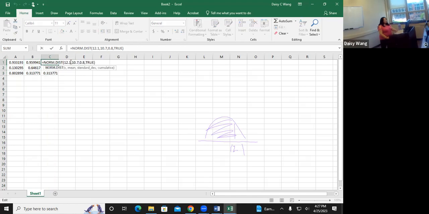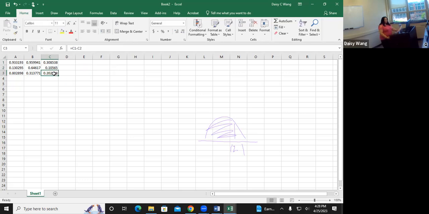So C will be 9.7 to 10.3. So the first one is 10.3. And then the second one will be 9.7. So the answer for C is this one, 0.2029.